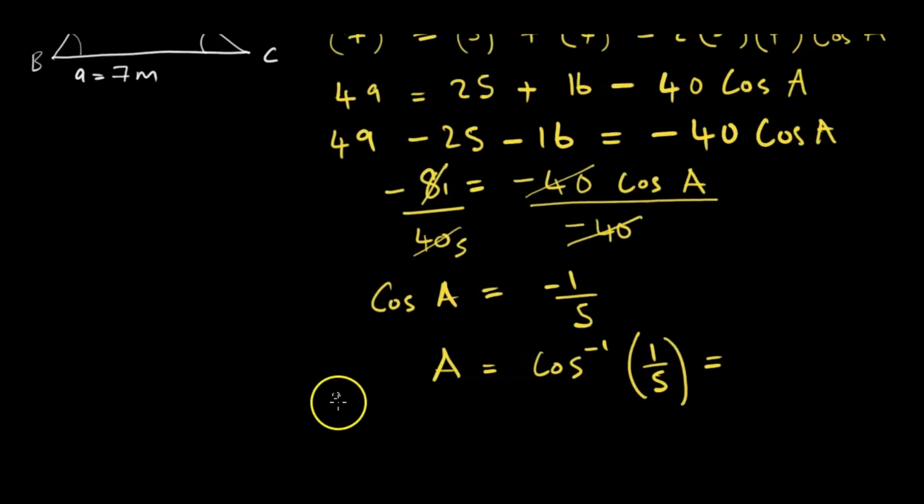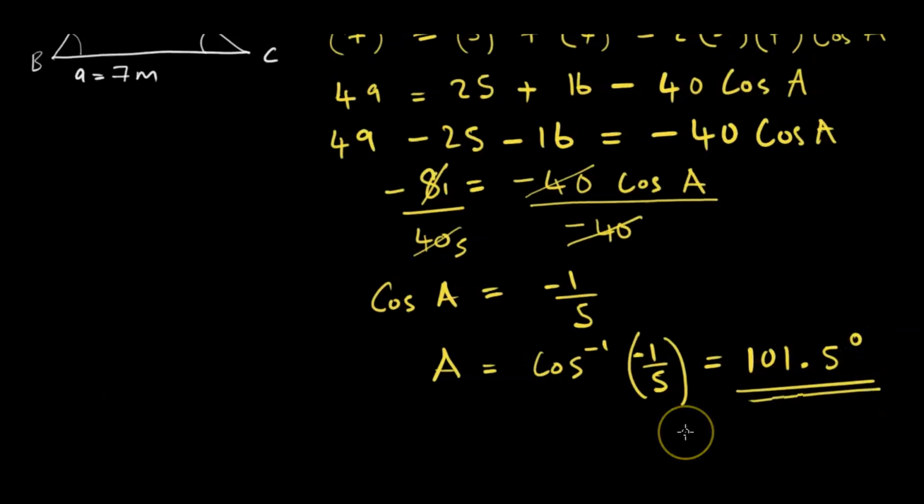It's actually minus 1 over 5. Don't make a mistake and mess it up. The answer I'm getting is 101.53695903282. So I want to leave it to 1 decimal place, meaning it's 101.5 degrees, like this.